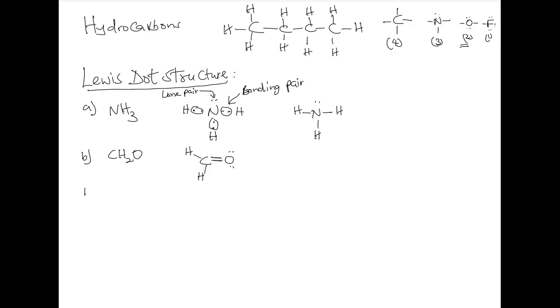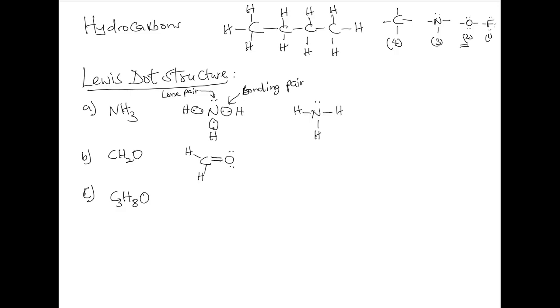Let us look at another one. Let's do C3H8O. So that means we have 3 carbon atoms, 8 hydrogen atoms, and 1 oxygen atom. So we can draw it in different ways.